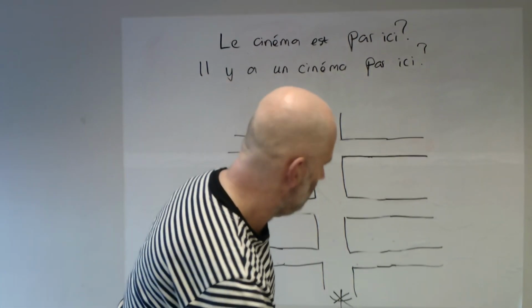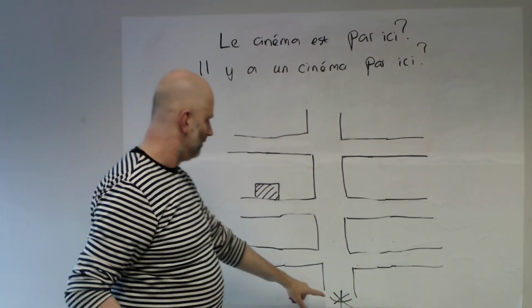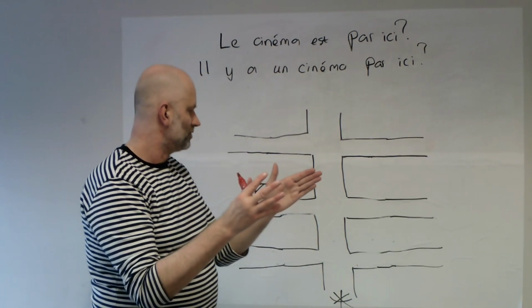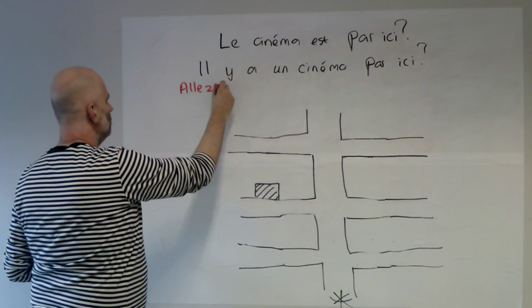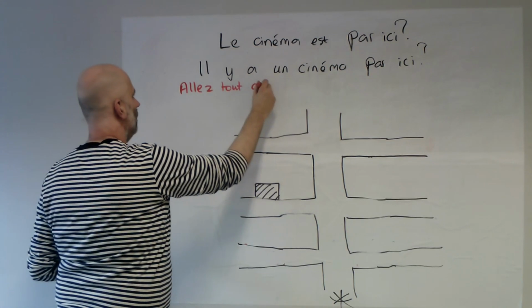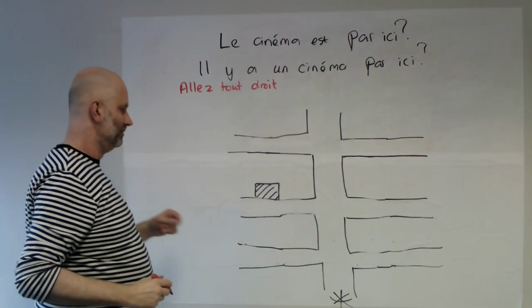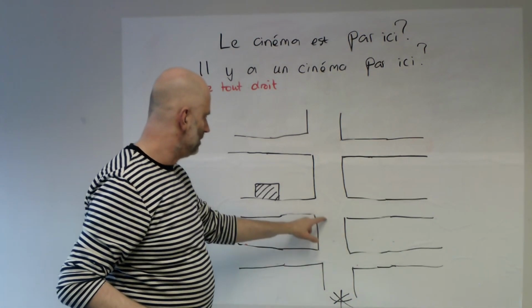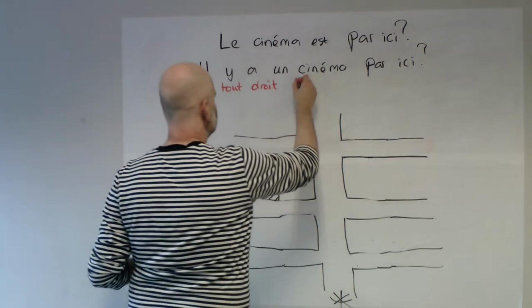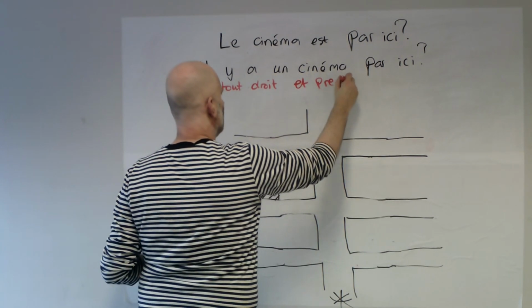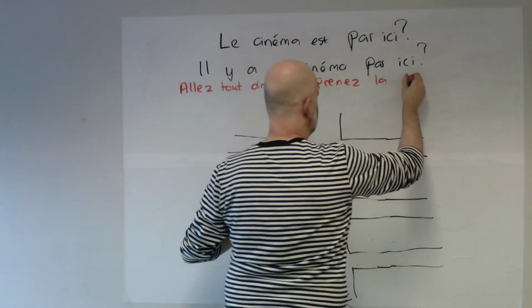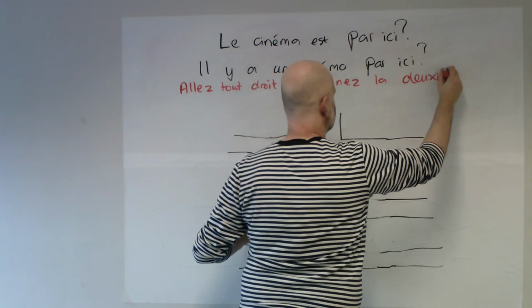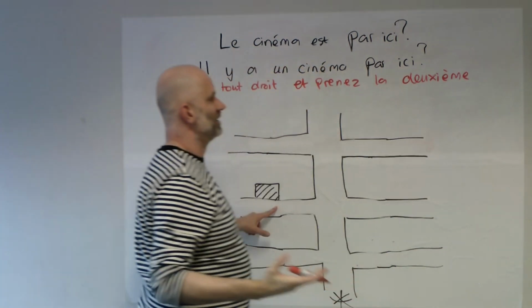So what you would say would be, obviously you're starting here, so go straight on. So allez tout droit. And then take, prenez la, and then the second, so la deuxième. I'm not going to bother saying road.